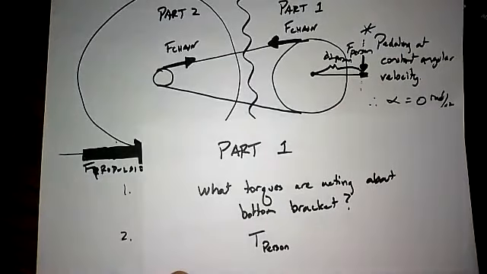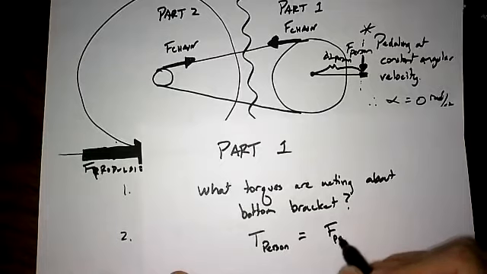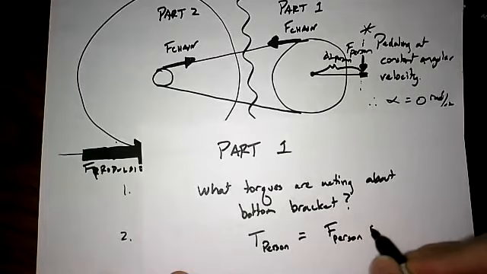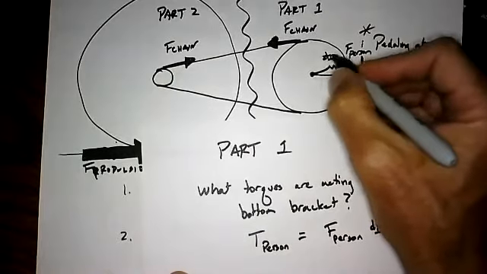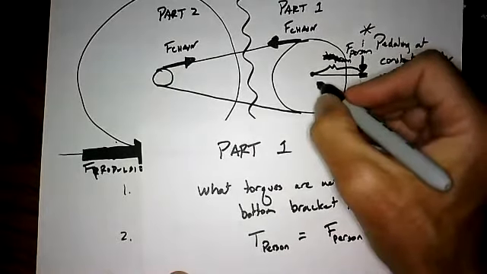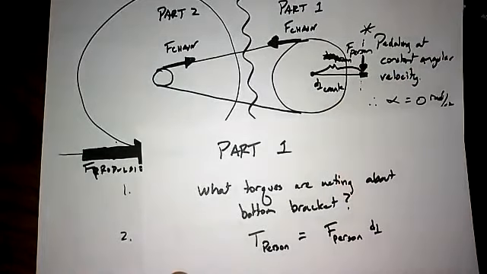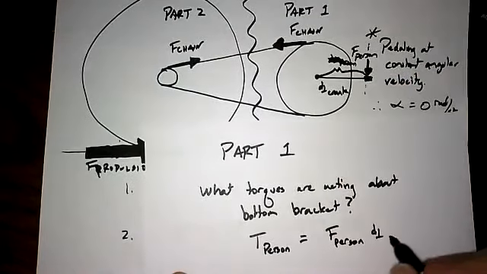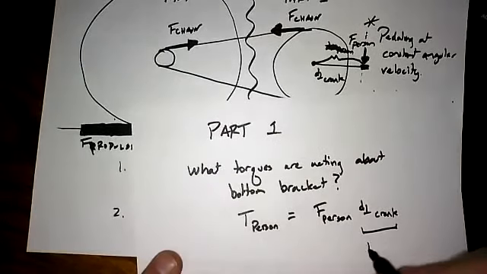So torque of the person is equal to force of the person times d perpendicular. I'm going to call that d perpendicular crank to stay consistent with some of our language. D perpendicular crank, that's the crank length. Typically, this could be 172.5 millimeters.